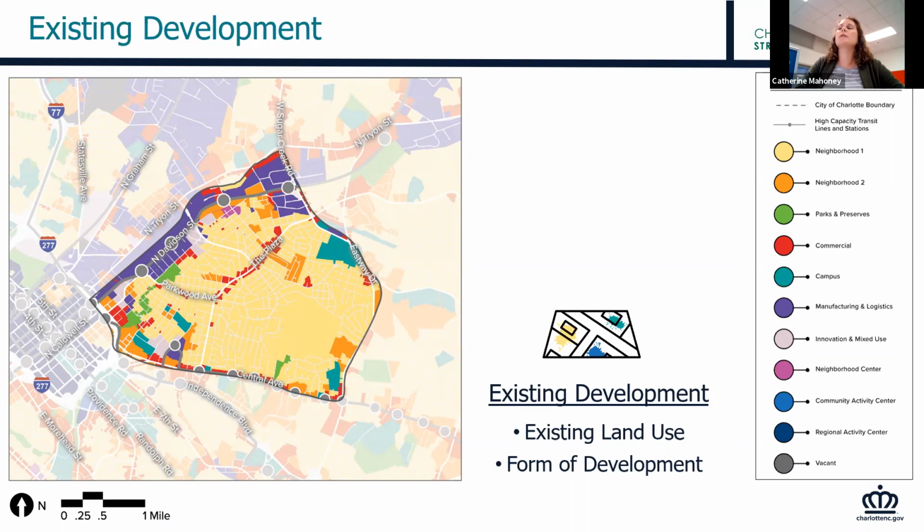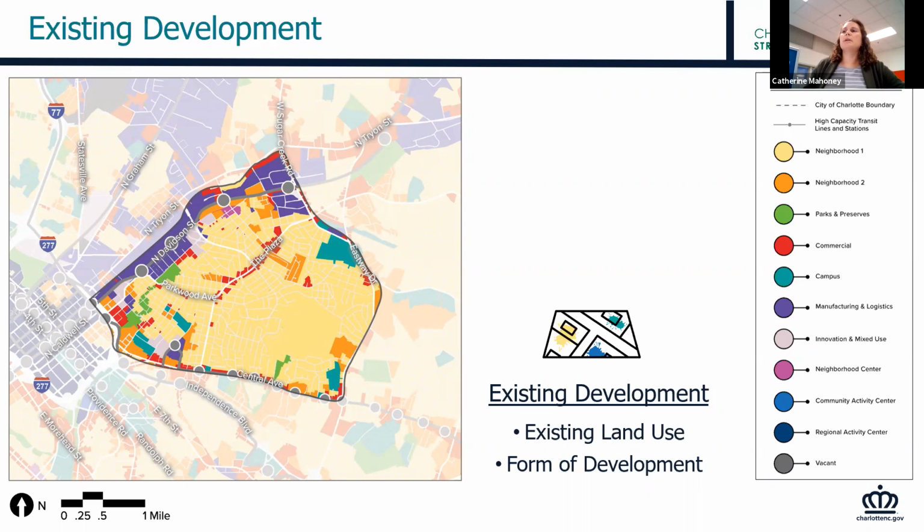That's the purple color. Has a lot of established neighborhood 1, which is our low density residential places. And then there's a scattering of neighborhood 2 apartments and commercial development along the major thoroughfares. And some campus as well, reflecting the existing churches or schools in the area.